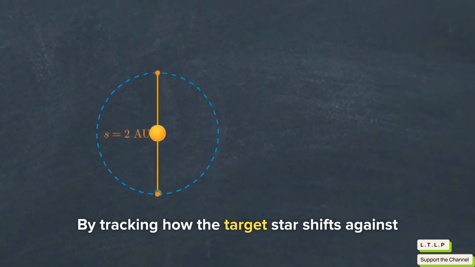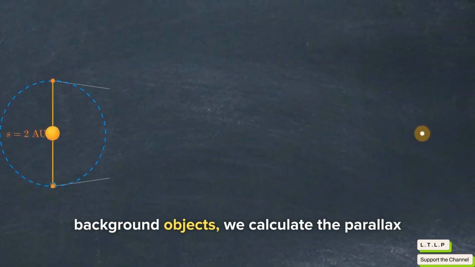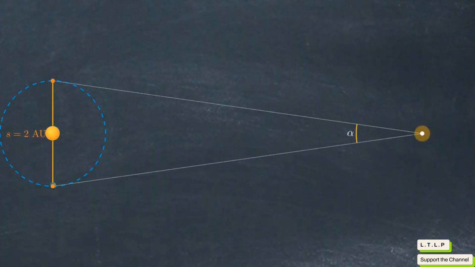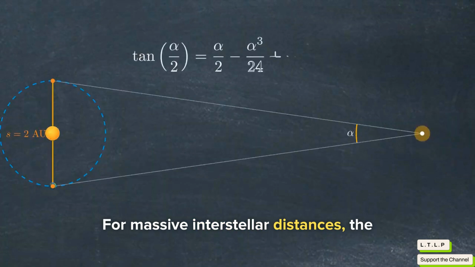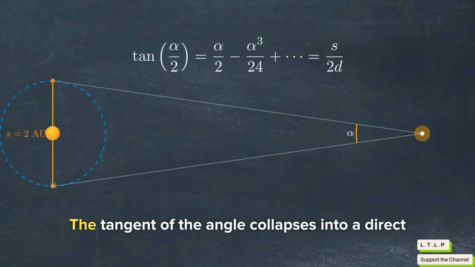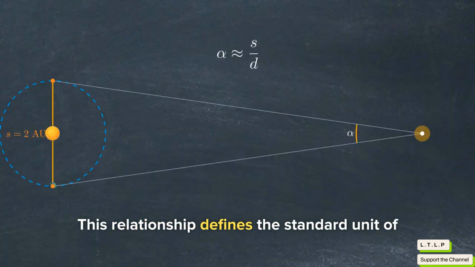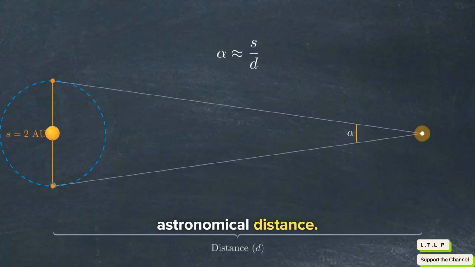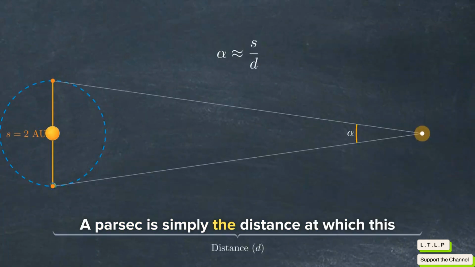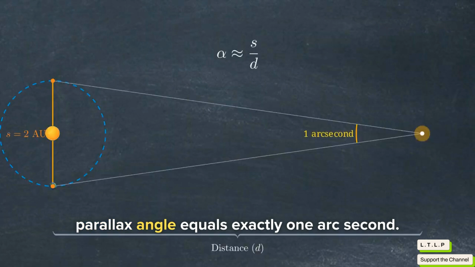By tracking how the target star shifts against background objects, we calculate the parallax angle. For massive interstellar distances, the trigonometry simplifies. The tangent of the angle collapses into a direct ratio between the baseline and the distance. This relationship defines the standard unit of astronomical distance. A parsec is simply the distance at which this parallax angle equals exactly 1 arcsecond.